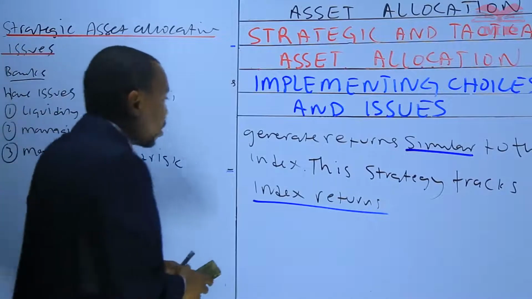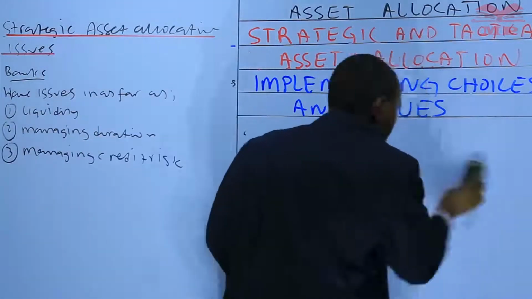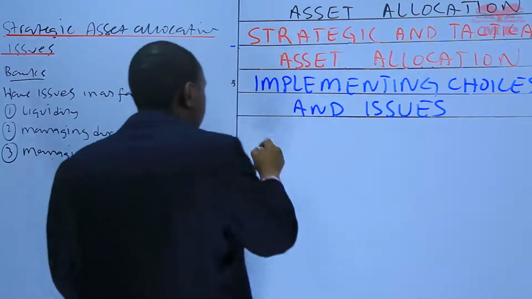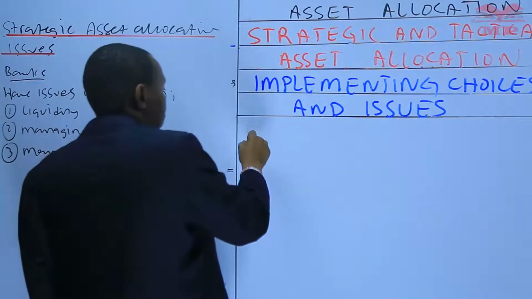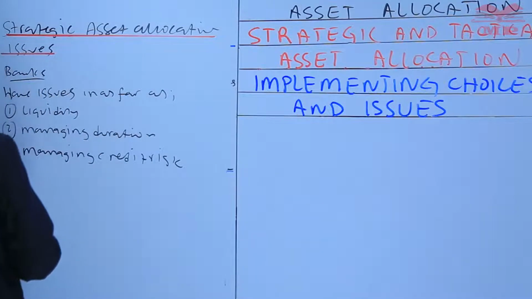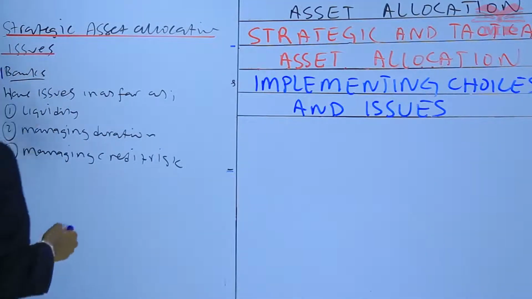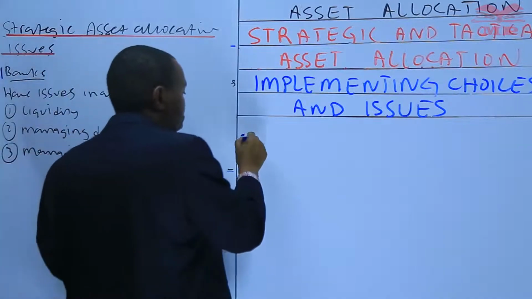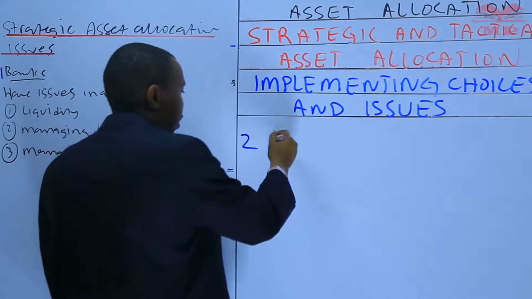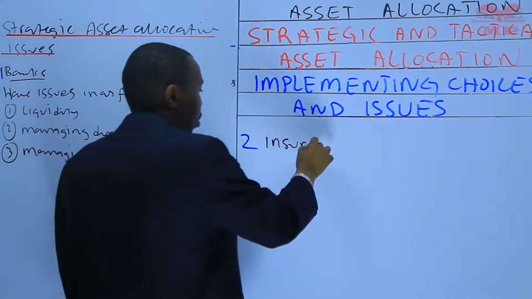We can move on to another institutional investor. The second institutional investor is insurance companies. So I can label this as number 1. This is number 2. You can see that this is insurance companies.